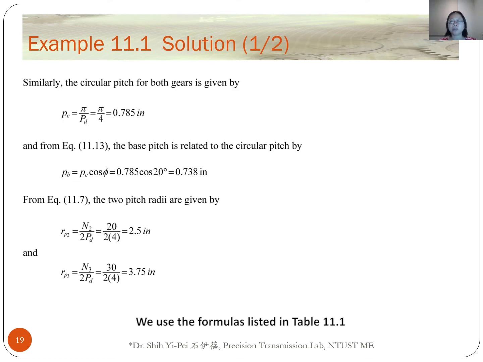We use the formulas listed in Table 11.1 to calculate the circular pitch PC and the base pitch PB. Both gears have the same pitch. We also calculate the pitch radii RP2 and RP3.